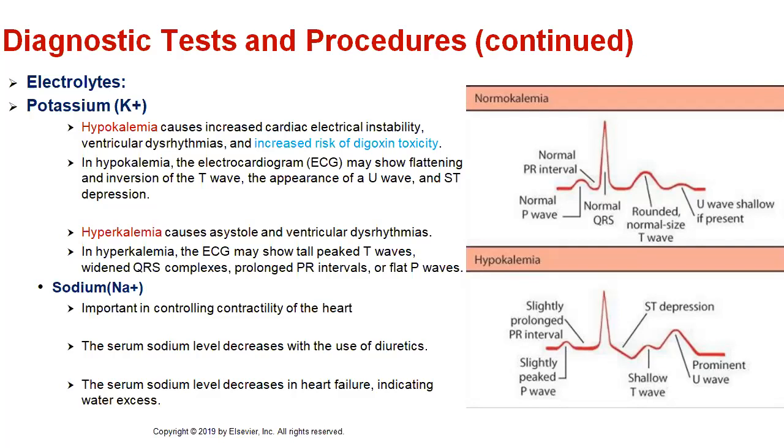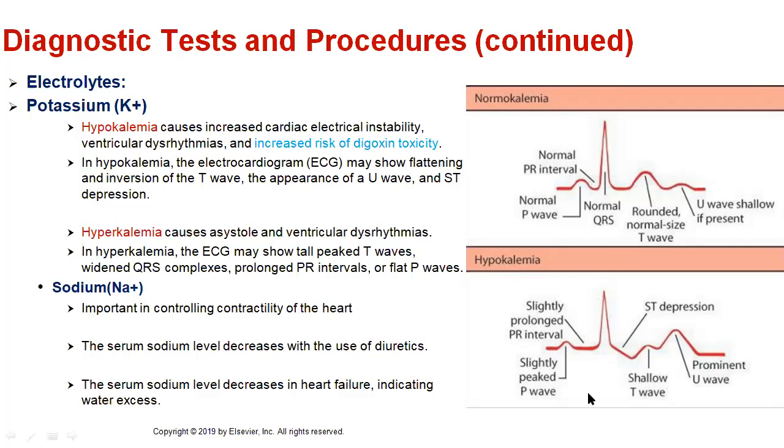The basic signs and symptoms are muscle weakness, leg cramping, fatigue, lethargy, decreased bowel sounds, and decreased bowel motility. But here we are going to focus on EKG right now.